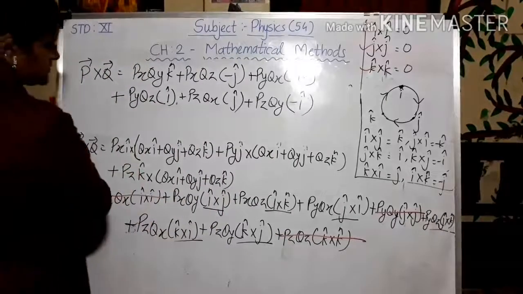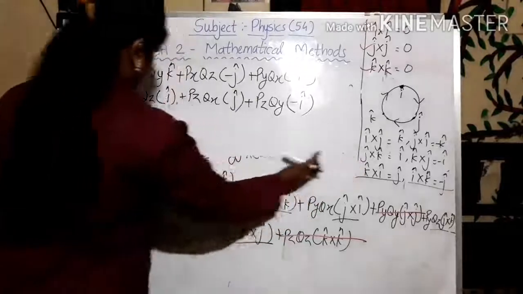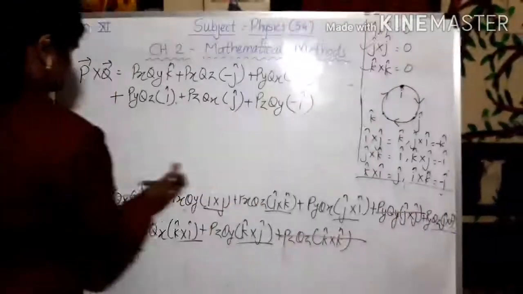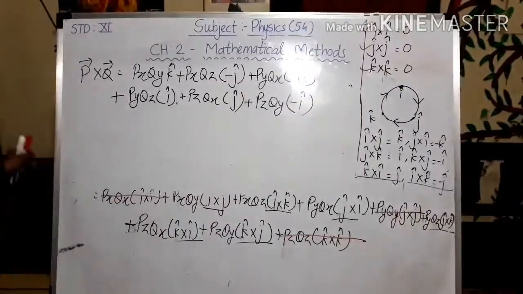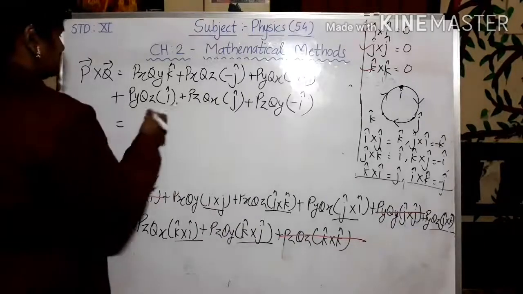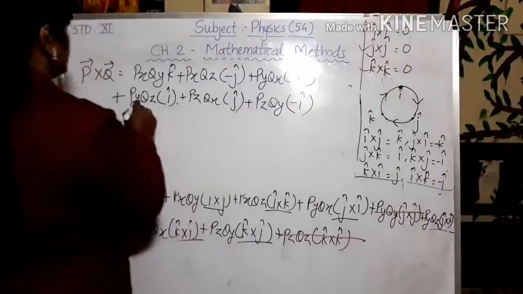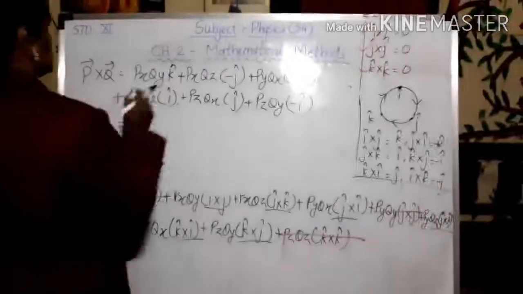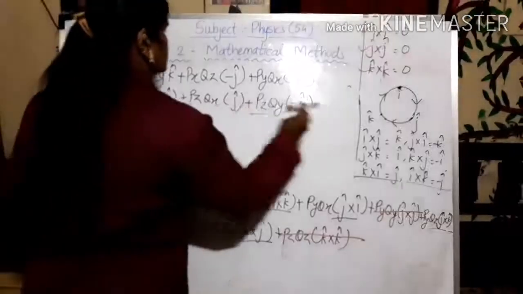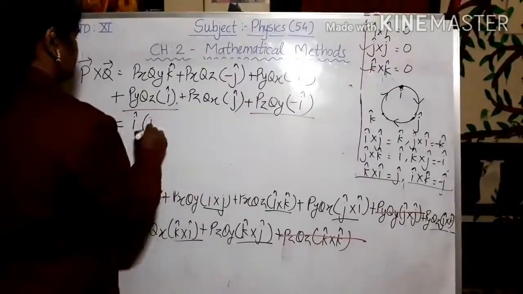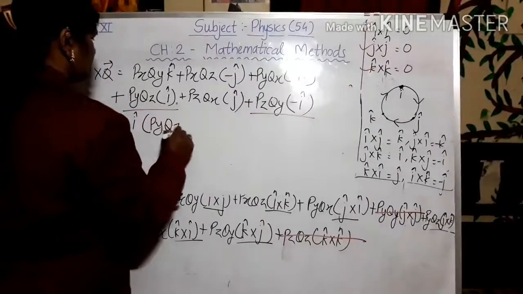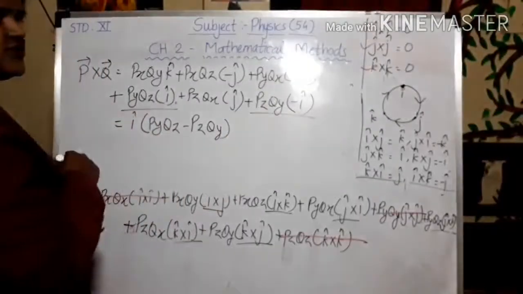Okay, so I will just rub this. So I will get, if I take common I cap, so this I, this I, it will be Py qz minus Pz qy. Is it?